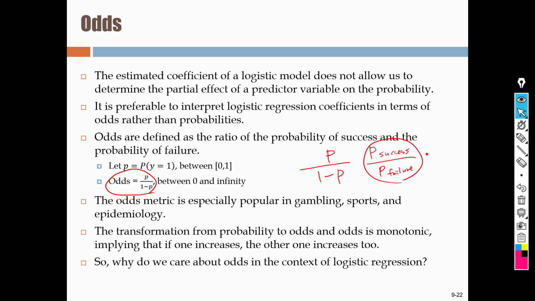This is what we call odds. That's why the calculation is like this. If p is the probability of success, 1 minus p is the probability of failure. So this calculation is odds. And odds are widely used in gambling, right? Popular in gambling and sports.